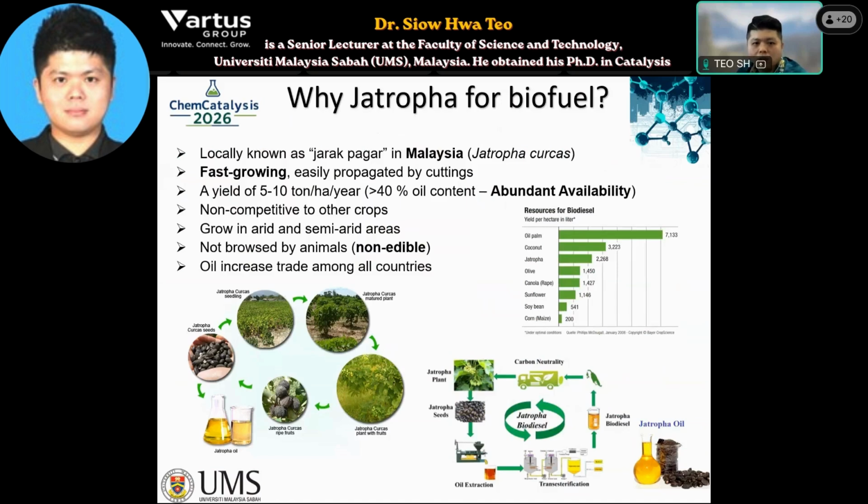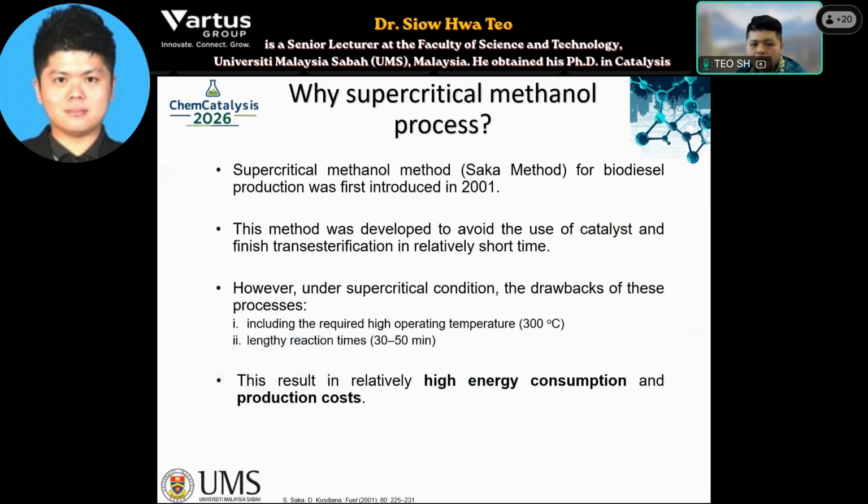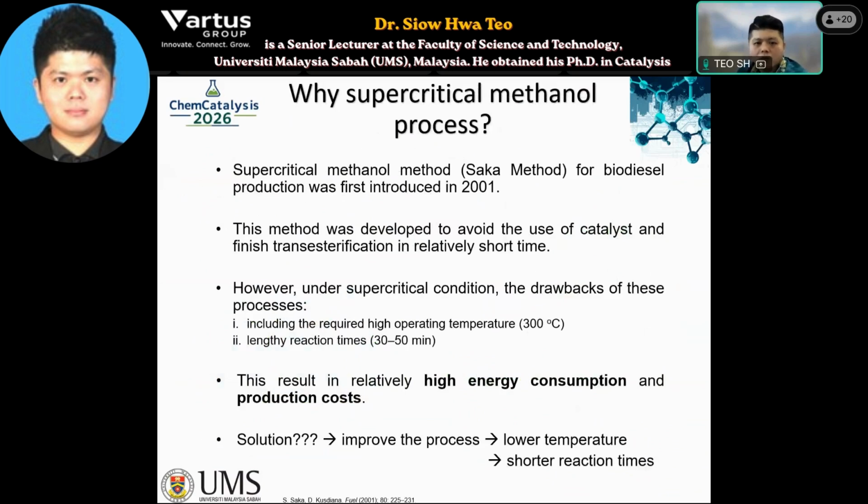One of the well-known approaches is the supercritical methanol process, also known as the Saka method, which was first introduced in 2001. The main advantage of this process is that biodiesel can be produced without using a catalyst, while the transesterification reactions can be completed within a relatively short period of time.